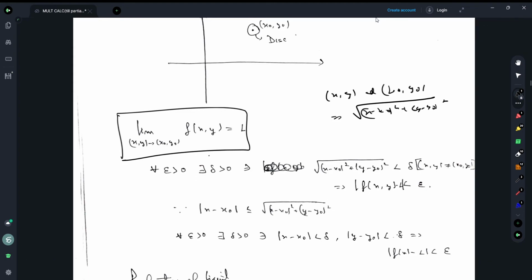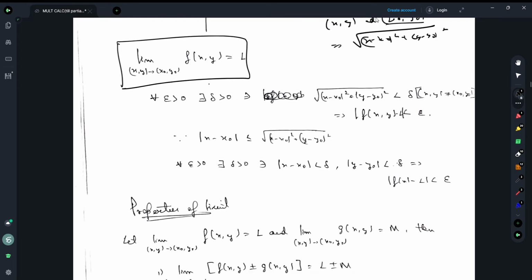So what we are trying to say is that as the distance between (x,y) and (x0,y0) decreases, being less than an arbitrary delta greater than 0, the distance between f(x,y) and L decreases. Clear? That is, as (x,y) gets close to (x0,y0), f(x,y) gets close to L. Is it clear?